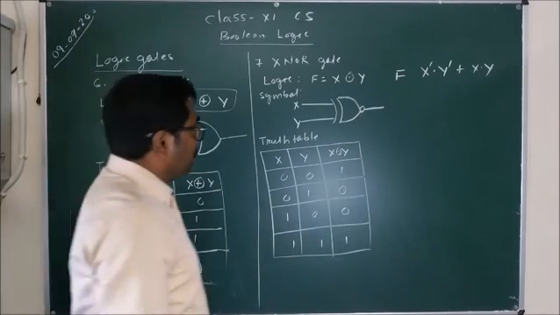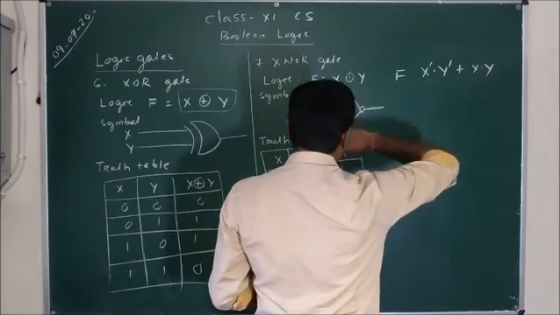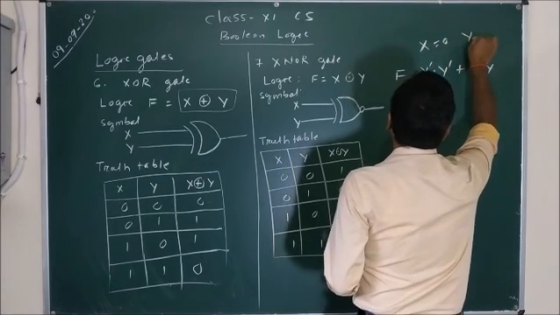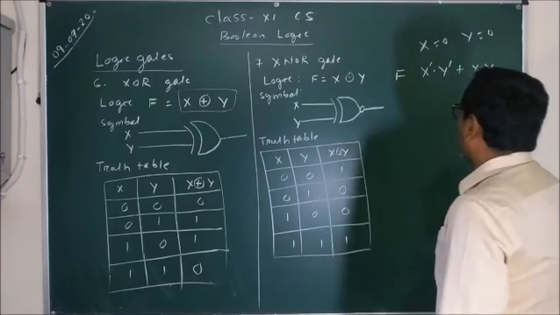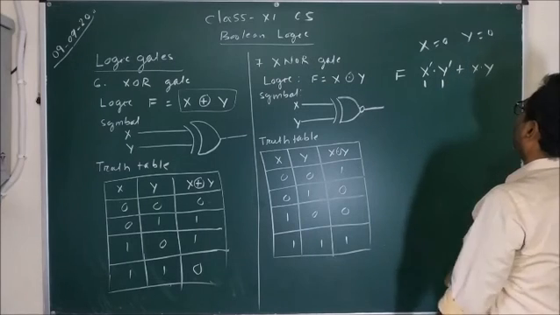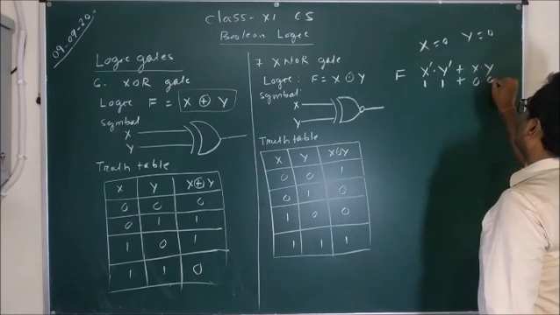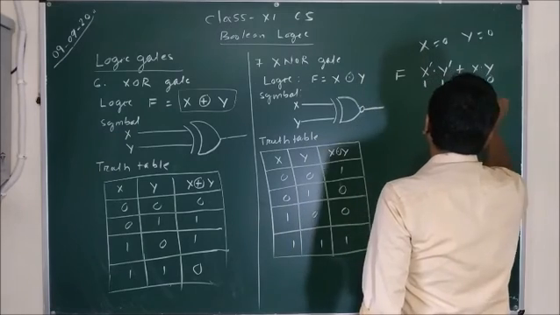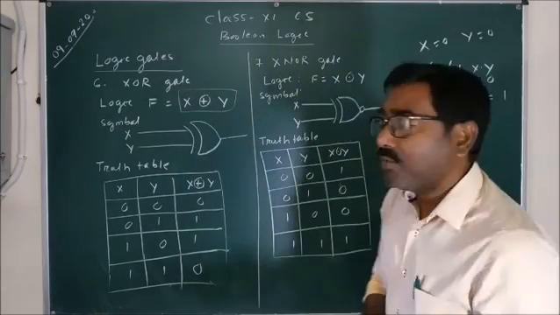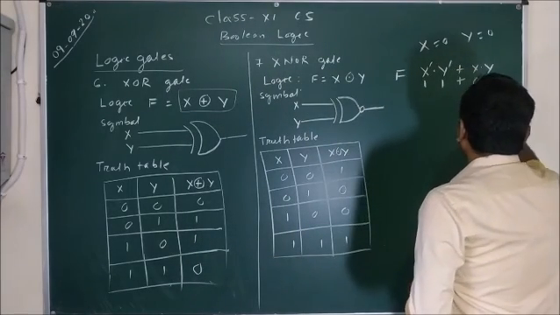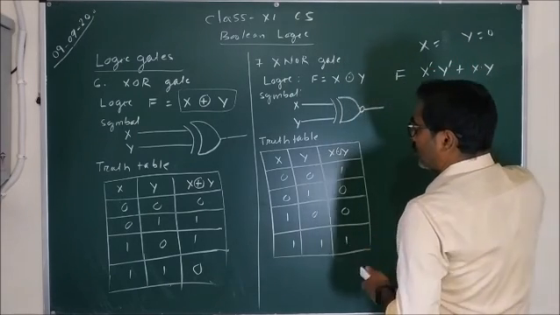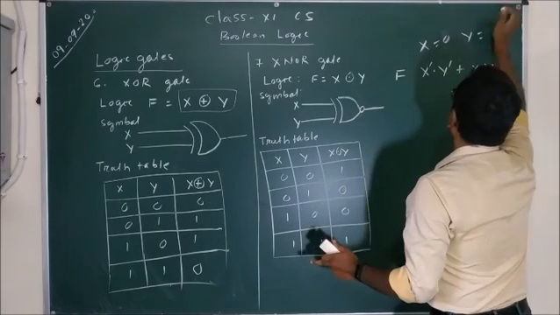Okay. Now come to the point. Suppose in the first case x is equal to 0, y is equal to 0. So 0 dash is equal to 1, 0 dash is equal to 1 plus 0.0. So 1 plus 0 is equal to 1. This is the first value. In case of the second value, let's check. Suppose x is equal to 0 and y is equal to 1.